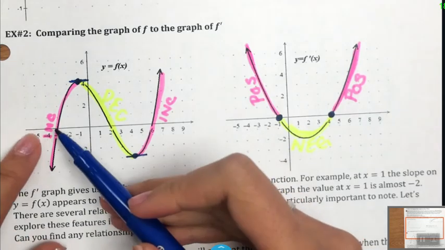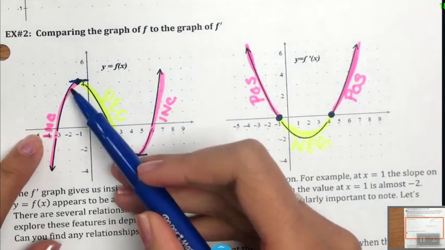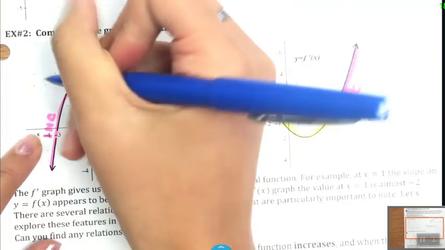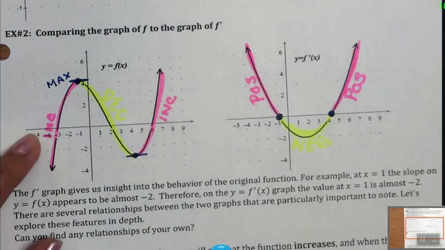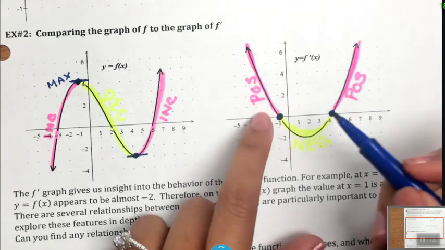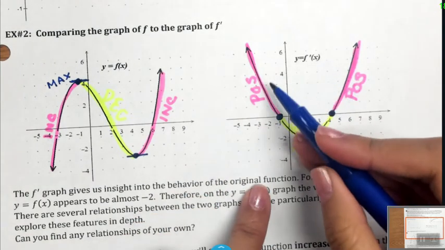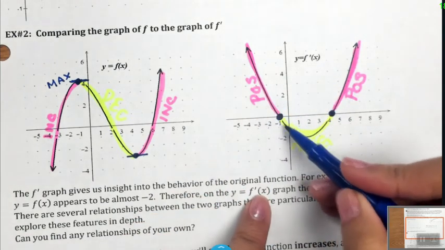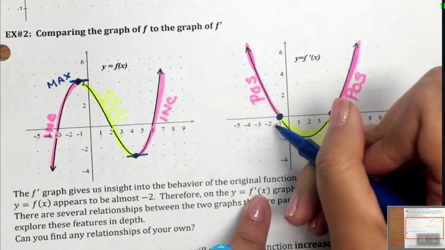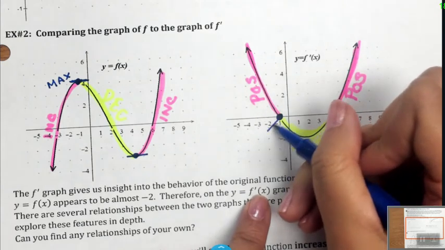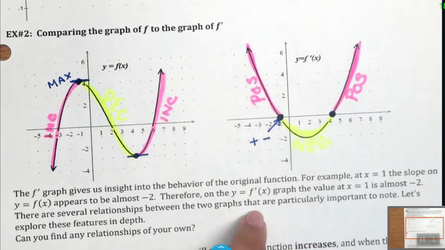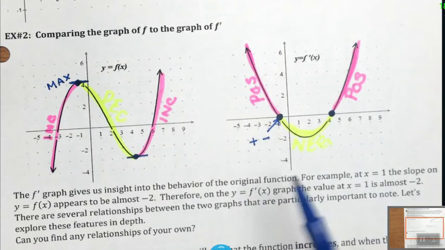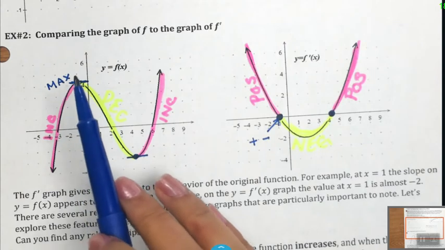When your original changes from increasing to decreasing, you hit a max, right? So that's when your derivative changes from positive to 0 to negative. Positive to negative means you're going to hit a max.